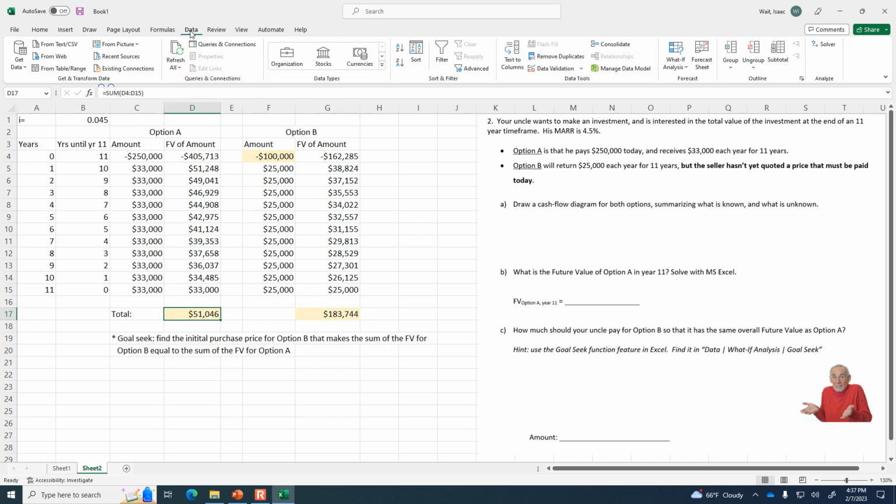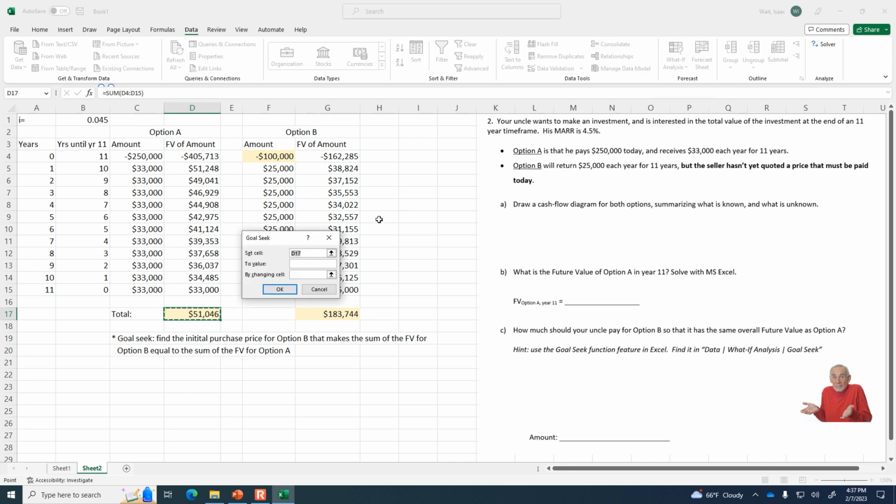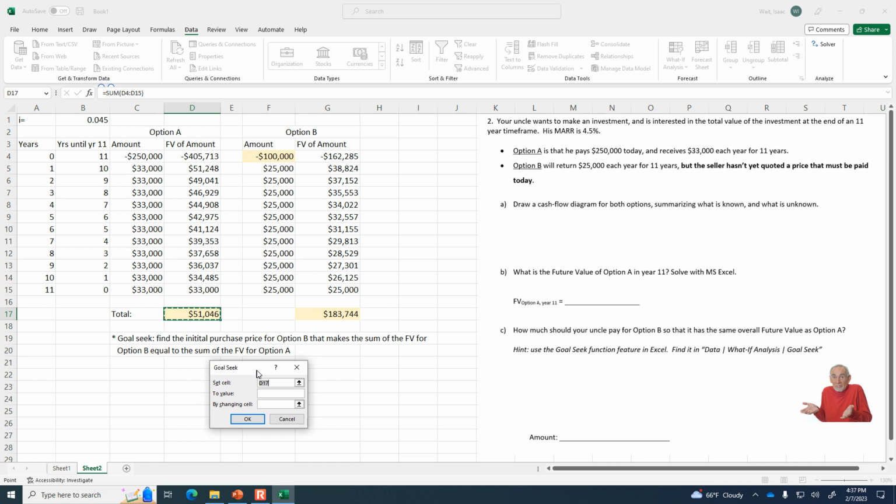So here, Data, What-If Analysis, Goal Seek. And so the objective is for this cell to be 51046 by changing the purchase price.